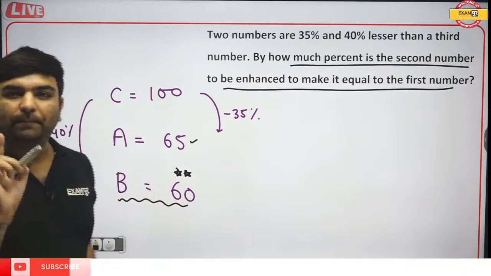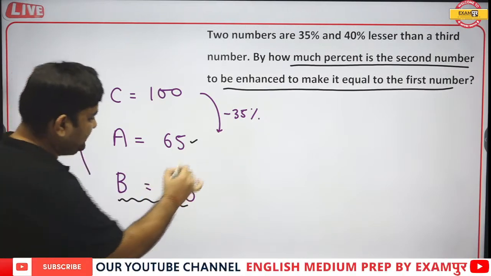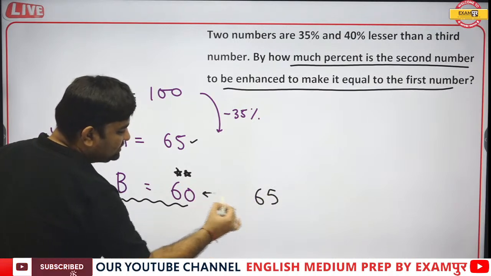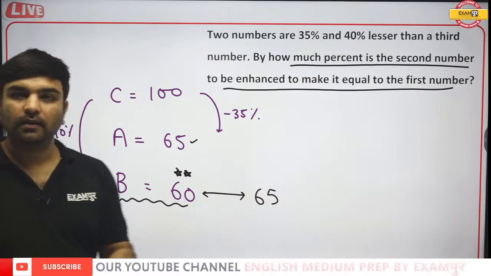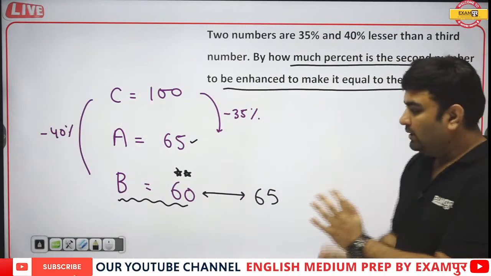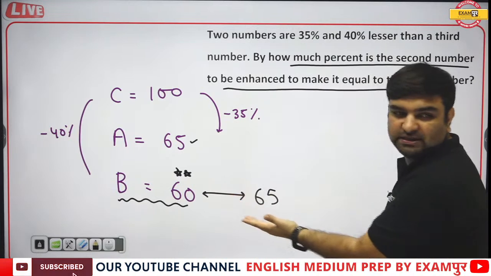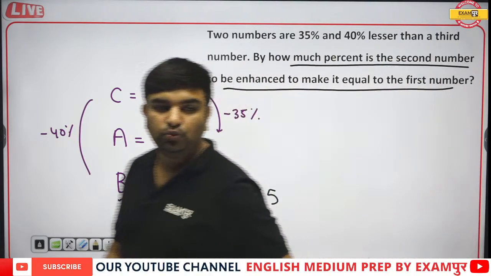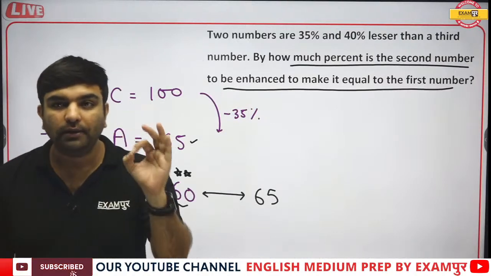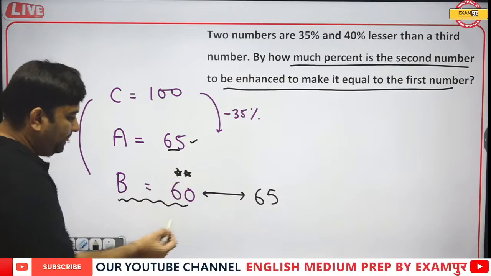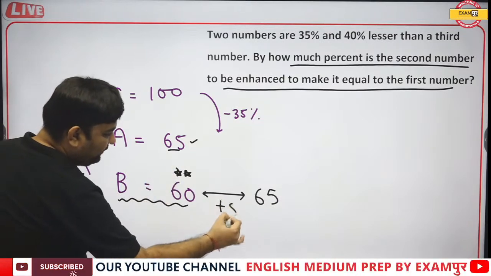You want to change B from 60 to 65 because you want B to be equal to A, and A is 65. So you are increasing B by 5.